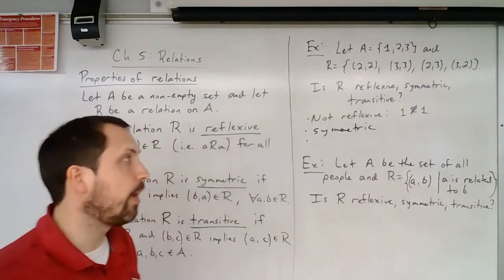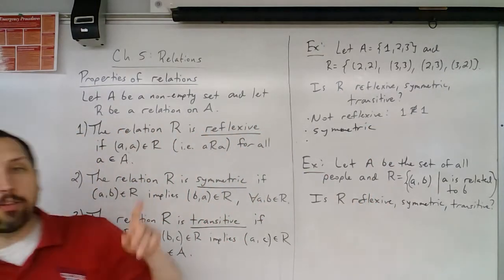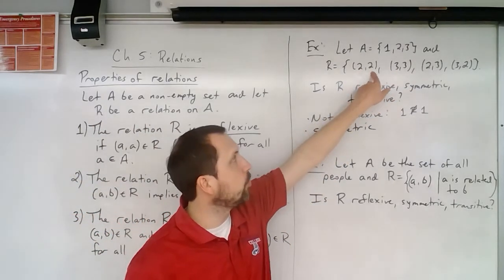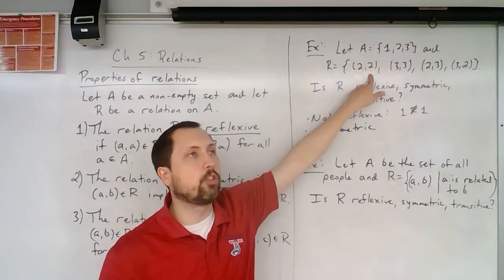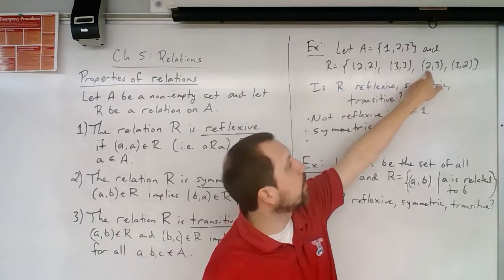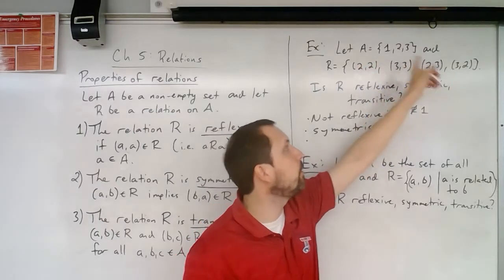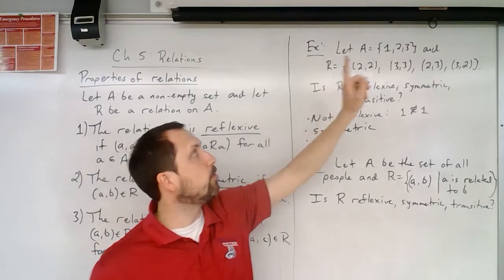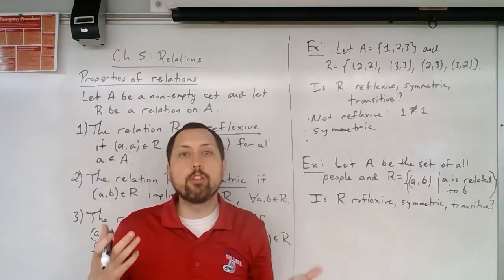And then the last one, transitive. So if we basically think about going on a trail, so if we think, okay, 2 is related to 2. 2 is related to 2, and 2 is also related to 3. Is 2 related to 3? Well, yes, 2 is related to 3. We think about 2, well, is 2 related to 1? Well, no, it's not.